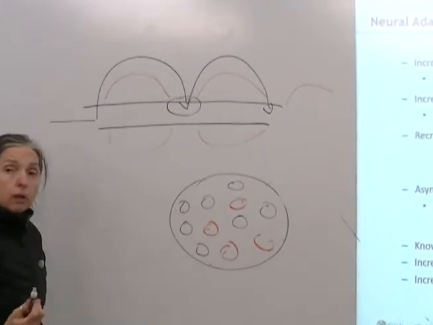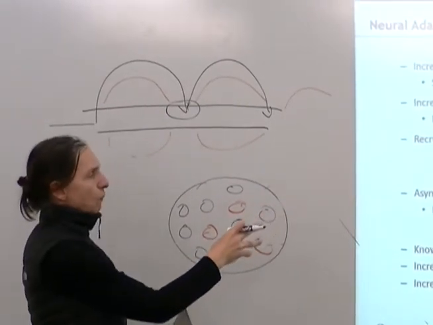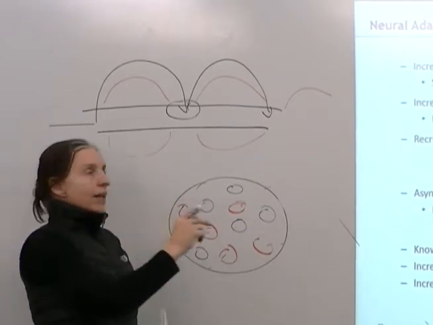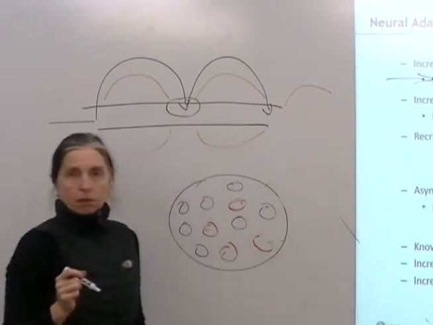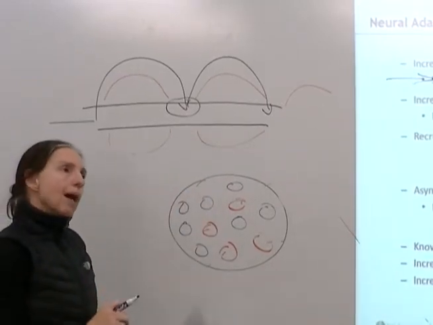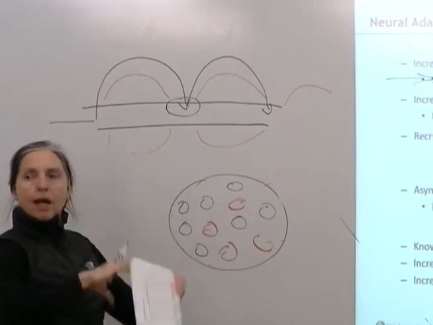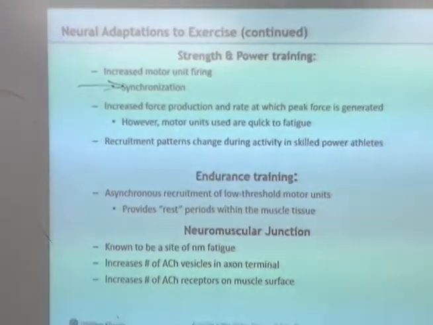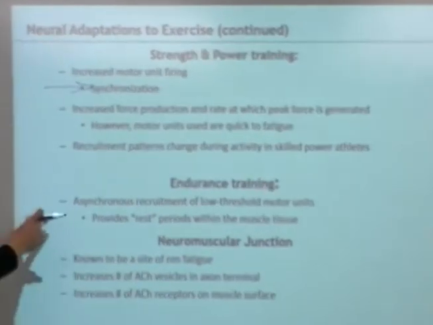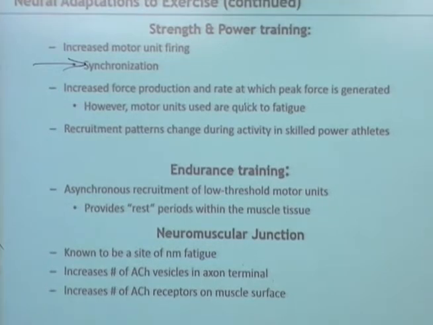So I want to go for as long as I can. So instead of seeing synchronicity that we see in the strength and power work, where I can turn on more units at the same time and create more force, we see the reverse happen. We actually learn asynchronous recruitment.